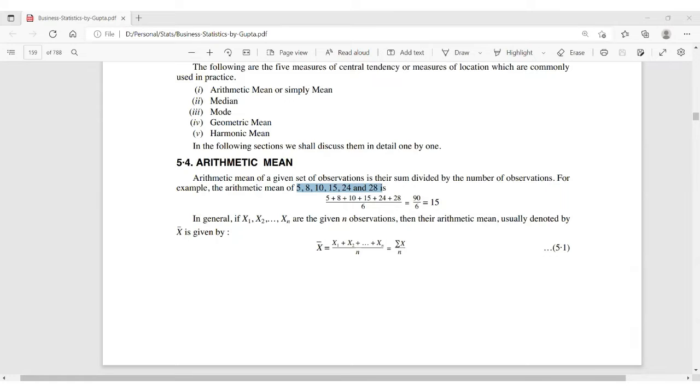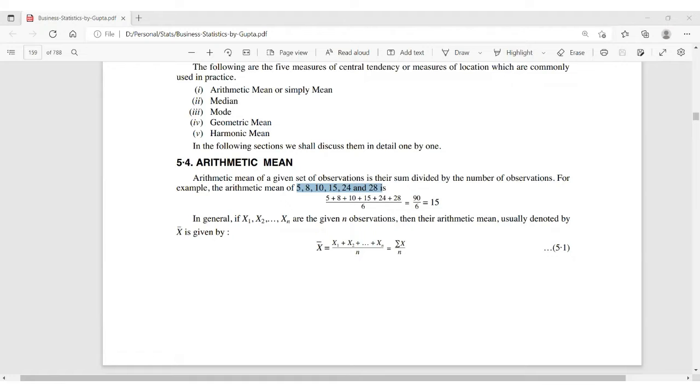See, in this example, we have 6 observations. First is 5, then 8, then 10, 15, 24, and 28. The formula for the mean is the sum of all observations divided by the total number of observations. There are 6 observations, so the total number is 6. In the numerator, the sum of all these numbers.